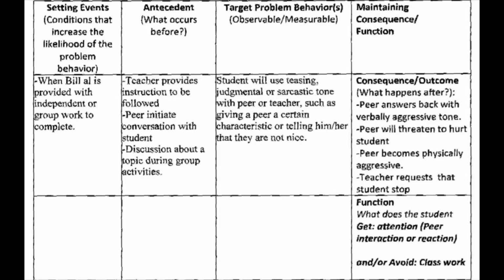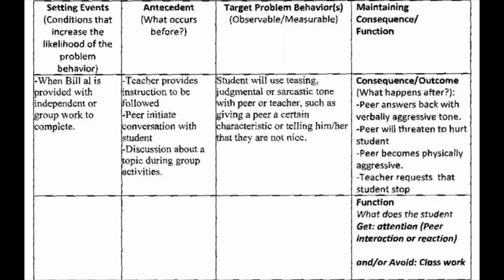Now, usually we saw after the behavior attention from the teacher and attention from his peers, because then the peer answers back with a verbally aggressive tone. Peer will threaten to hurt him. So we heard a lot of students, after he tells them, "You're fat or you're ugly," they will tell him, "I'll punch you in the face," or he calls him another name.